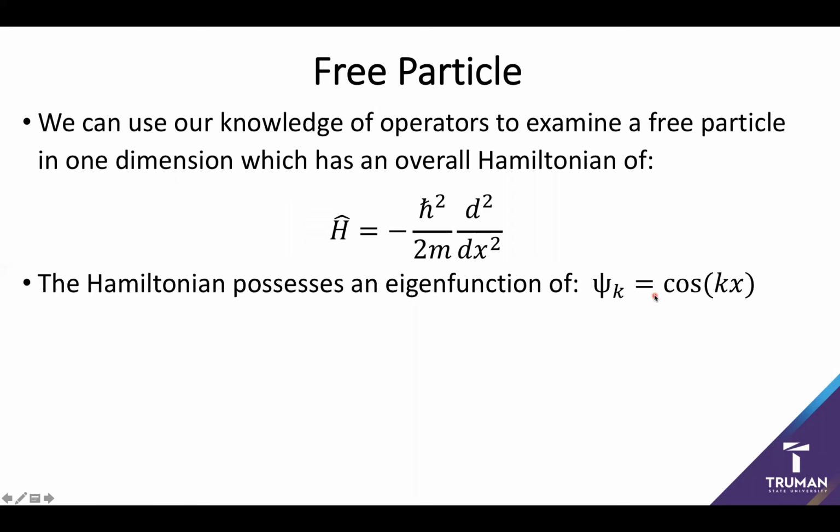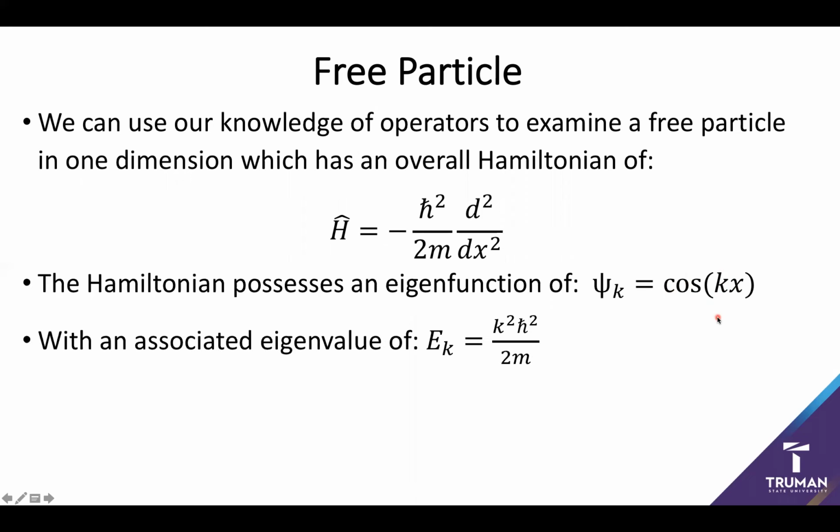So we're going to ignore the normalization constant because we're spread out all over heaven, and I mean that literally. We're just going to focus on the main portion here. With cosine kx, as we've demonstrated before, k is related to the de Broglie wavelength, and this has an associated energy of k squared h bar squared over 2m.